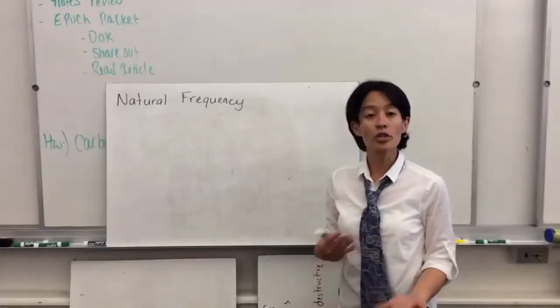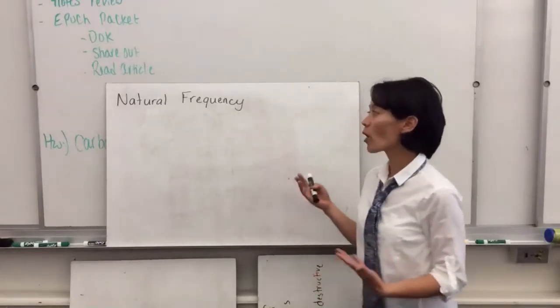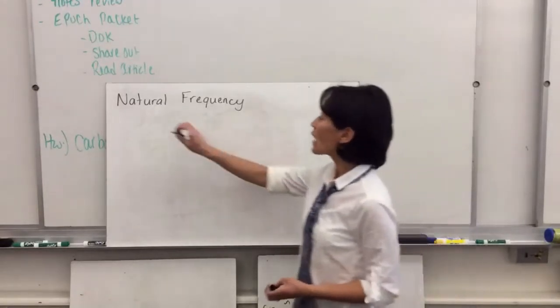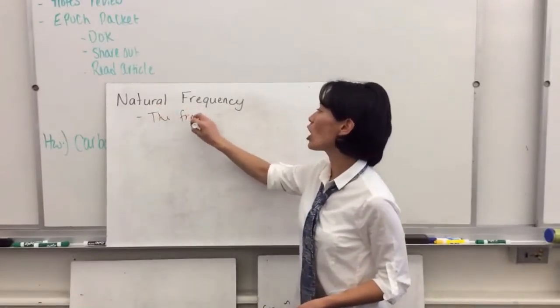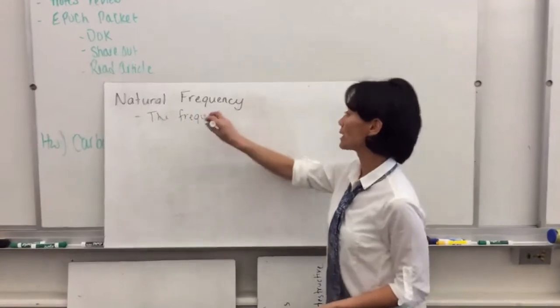So continuing on with just our wave properties, one property of all objects is called natural frequency. And the natural frequency is the frequency at which it is easiest for any object to oscillate or vibrate at.